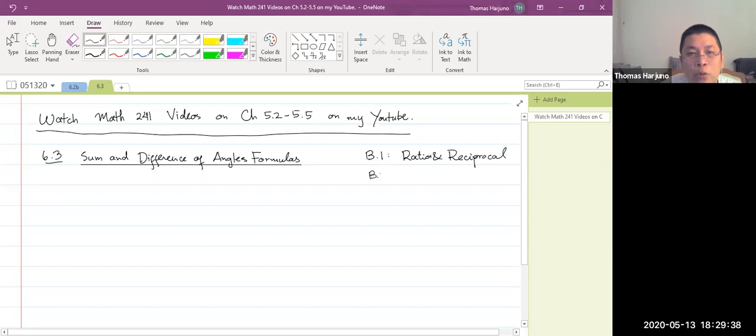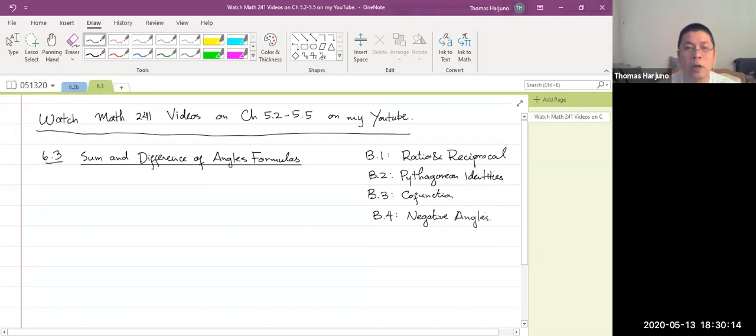Basic identity 2 is on the Pythagorean identity. Basic identity 3 is on co-function formulas, co-function identities. And basic identity 4 is on negative angles. Now look at your notes again. Those are the basic ones.